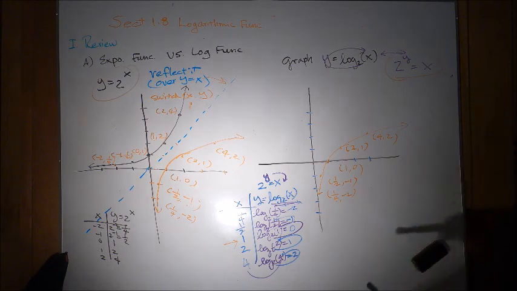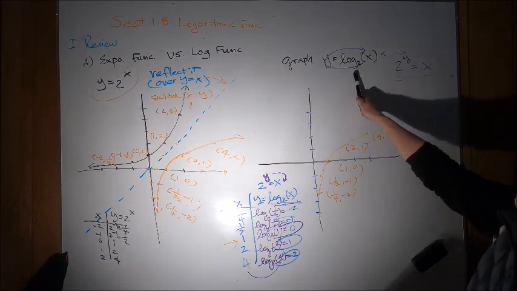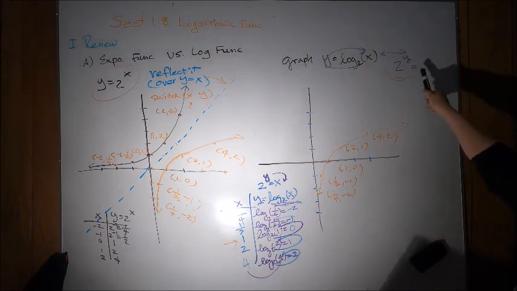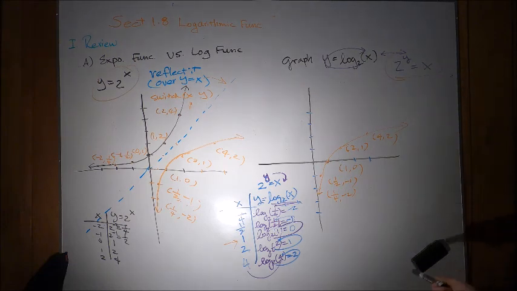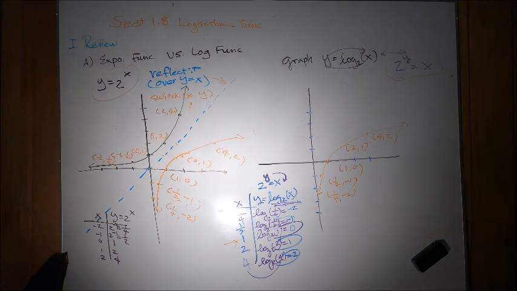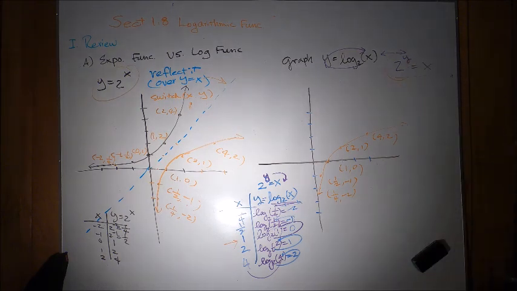So exponential functions and log functions are related to each other. Where does the log come from? If I have 2 to the y equals x, and I want to solve for y by itself, we always solve for y by itself, like y equals mx plus b, y in terms of x.